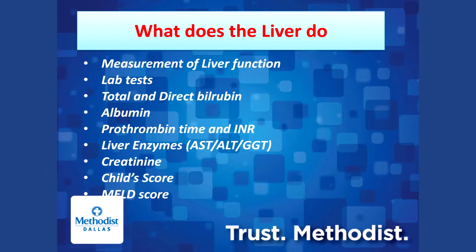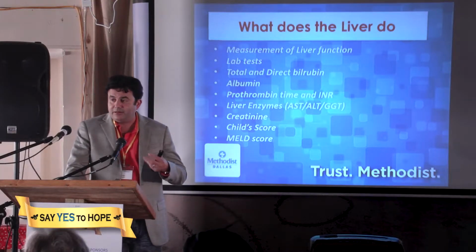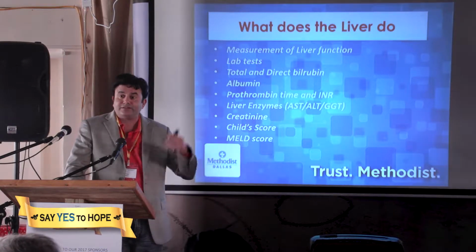Then there is clotting. The liver is the only organ in the body that makes the majority of the clotting factors. That's measured by prothrombin time and INR. That's how we measure if somebody's blood is thin and if they're at risk for bleeding. And then liver enzymes. I think somebody in the audience said that their liver enzymes were 1,000.